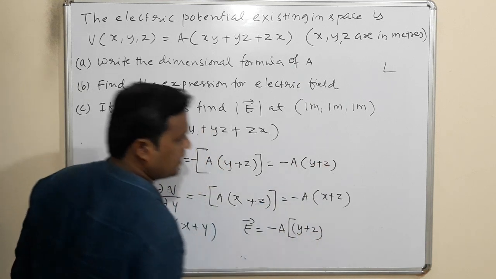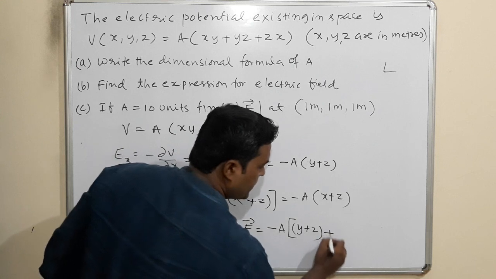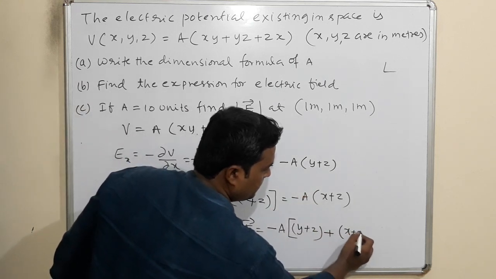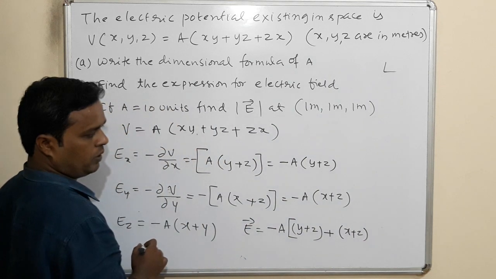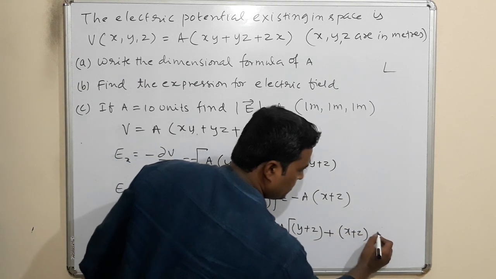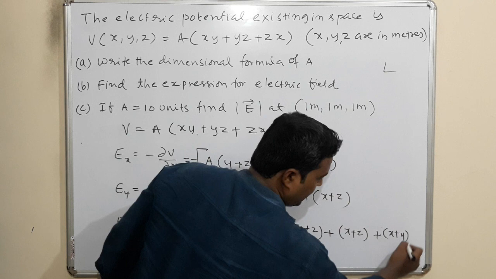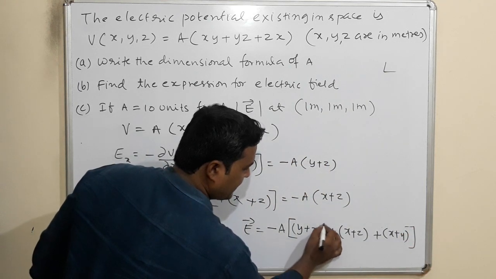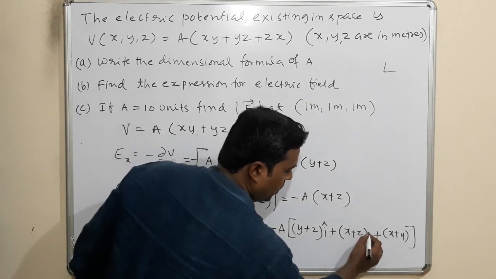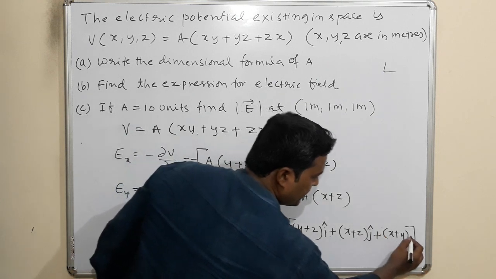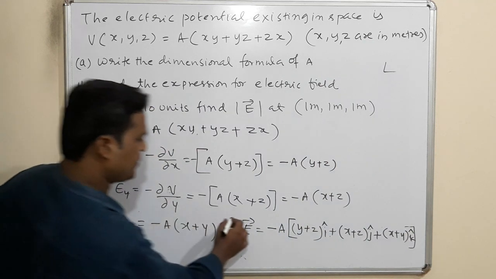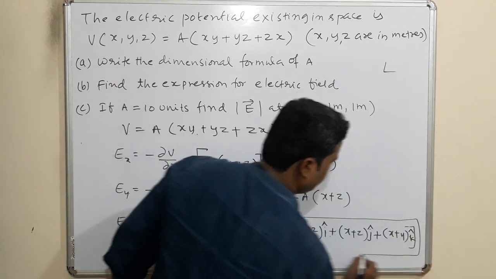It is y plus z. What is the y component? It is x plus z. What is the z component? It will be x plus y. Then I write this: this is along the x axis, i; this is along the y axis, j; this is along the z axis, k. This is the expression for electric field.